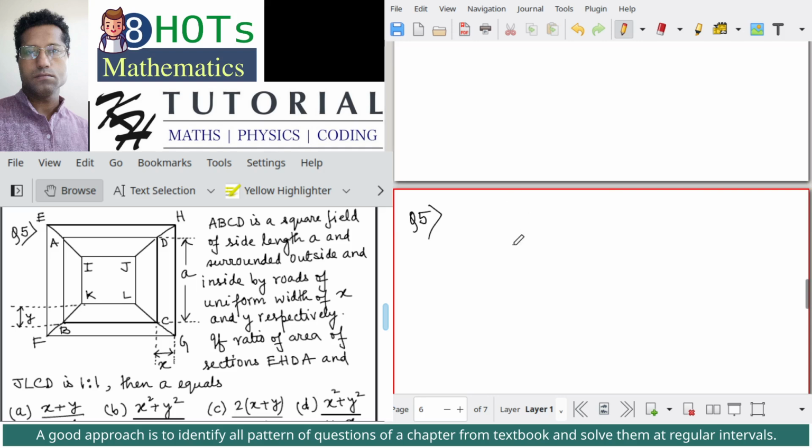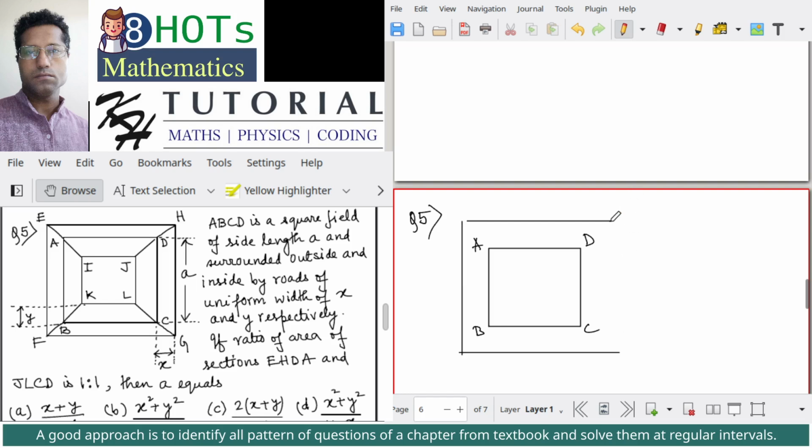Okay, so there is a square field, and the length of each side is A. There is a road surrounding the field ABCD of uniform width X. So let's say it will be something like this. This is the road outside surrounding the square field.